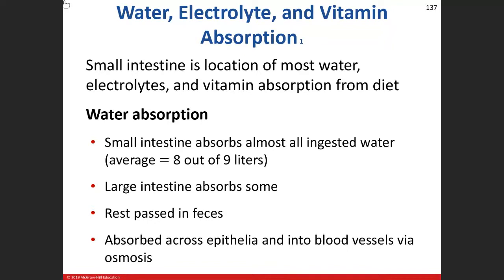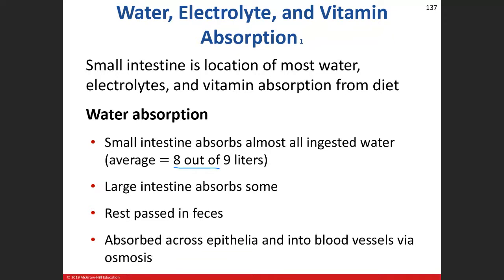So let's finish up here. We talked about lipids, fats and carbohydrates. What about the other stuff that you take in? Water: like I said in the beginning of class, most of the water is absorbed in the small intestine. That's a lot, 8 out of 9 liters, the majority of it. You would think the large intestine would do it, but no, the small intestine.